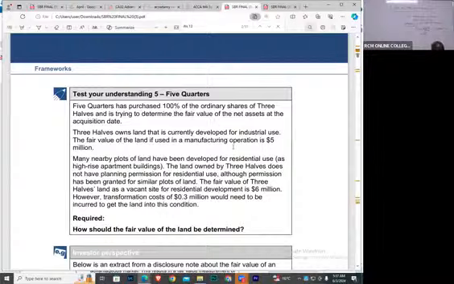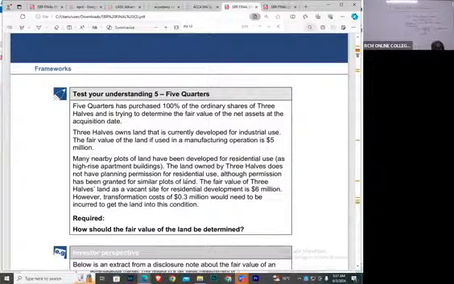Many nearby plots of land have been developed for residential use as high-rise apartment buildings. The land owned by 3 halves does not have planning permission for residential use, although permission has been granted for similar plots of land.